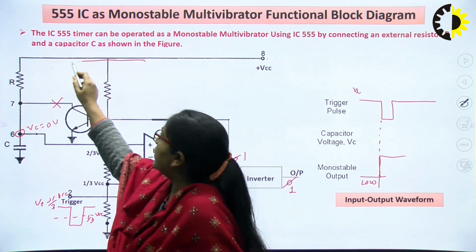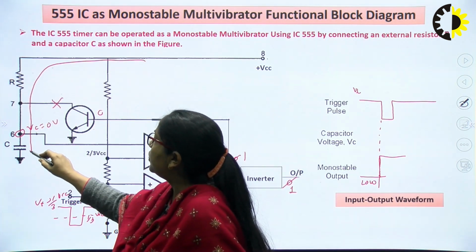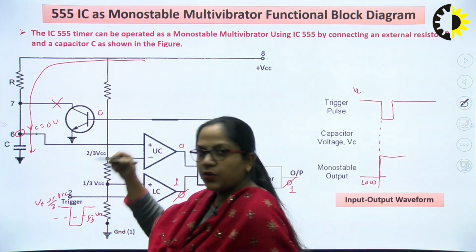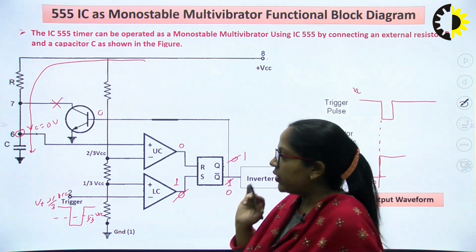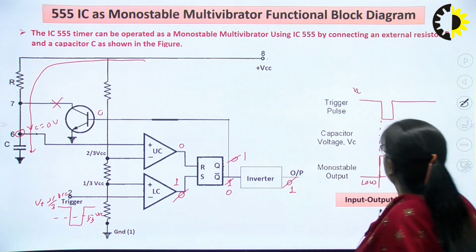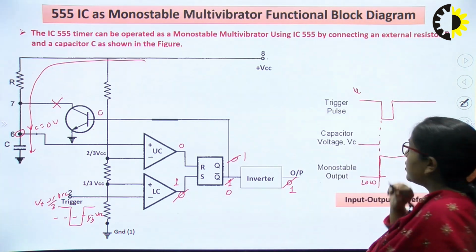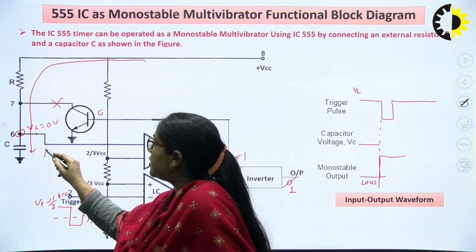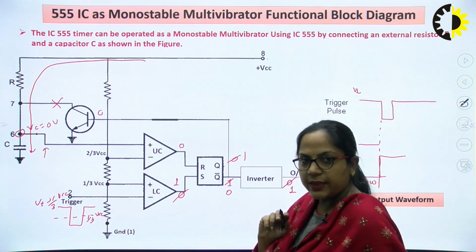Then it will take the path to the ground through the capacitor. Now the capacitor will start charging towards 2/3 of VCC. Initially, the voltage across the capacitor was 0 volt. Now it is gradually charging towards 2/3 of VCC.